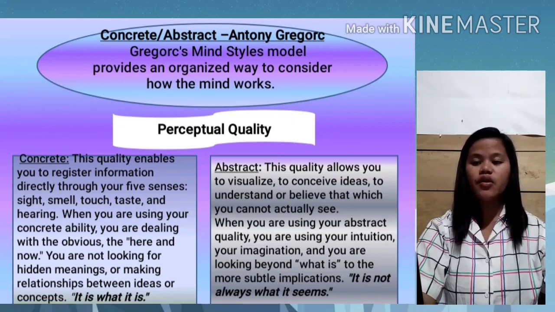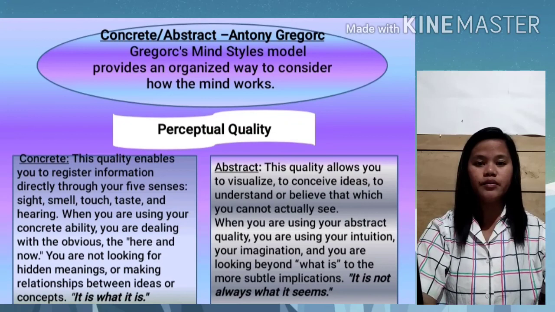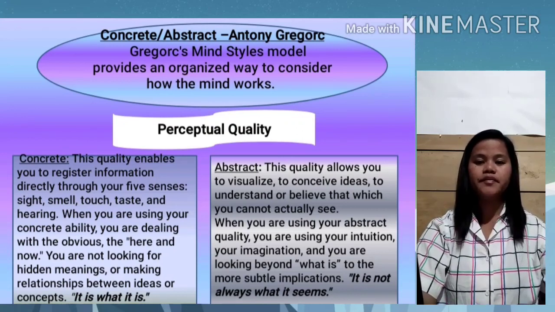When you are using your concrete ability, you are dealing with the obvious, the here and now. You are not looking for hidden meanings or making relationships between ideas or concepts. It is what it is.